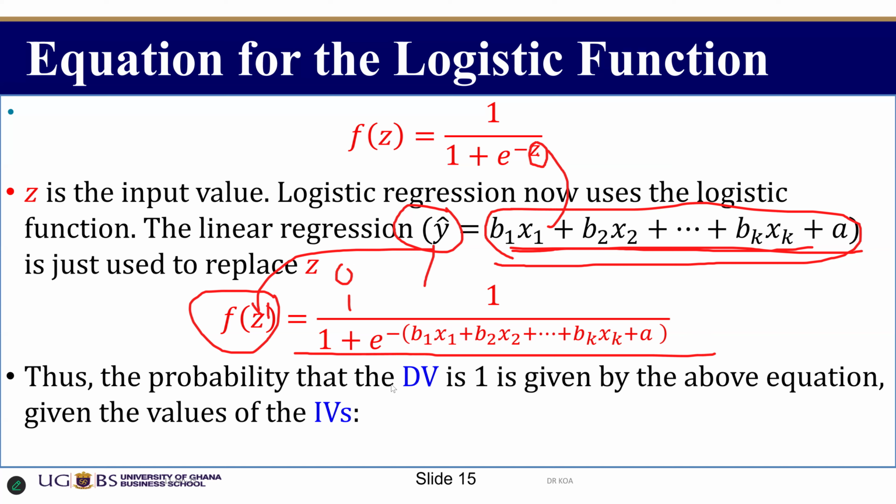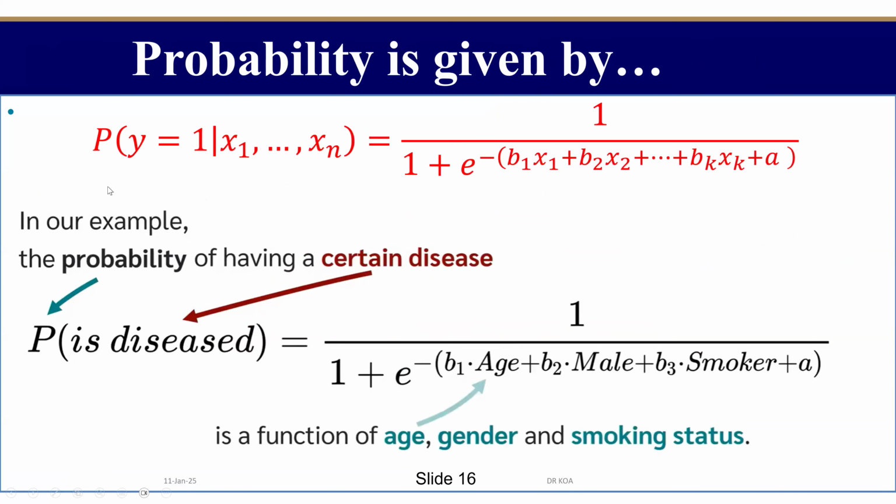The probability that the dependent variable y is 1, and I'm just taking 1, you can do it for 0 too, is given by the above equation. Okay, but this is given by the following independent variables. Let me just show you here, because that is the full logistic regression model. So watch it.